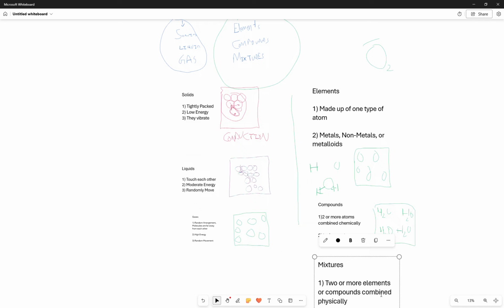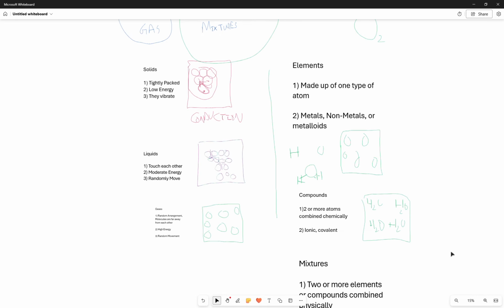There are two types of mixtures: homogeneous mixtures, which have one phase, or you can call them a solution. For example, salt water. If you mix salt and water, you will only see water, you will not see salt. Therefore, it's a homogeneous mixture.